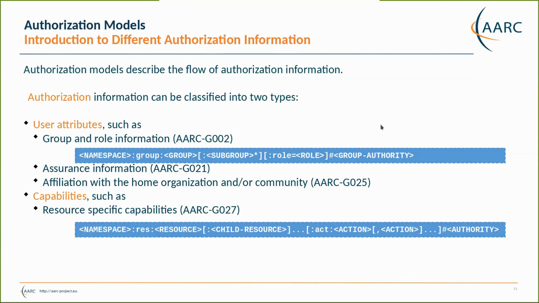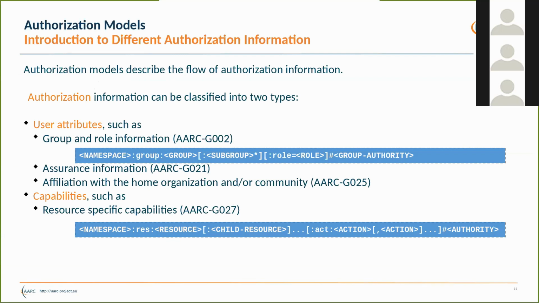So for that, we have analyzed existing authorization use cases in various of the communities in AARC. And the result of this is that we've identified three common authorization models.